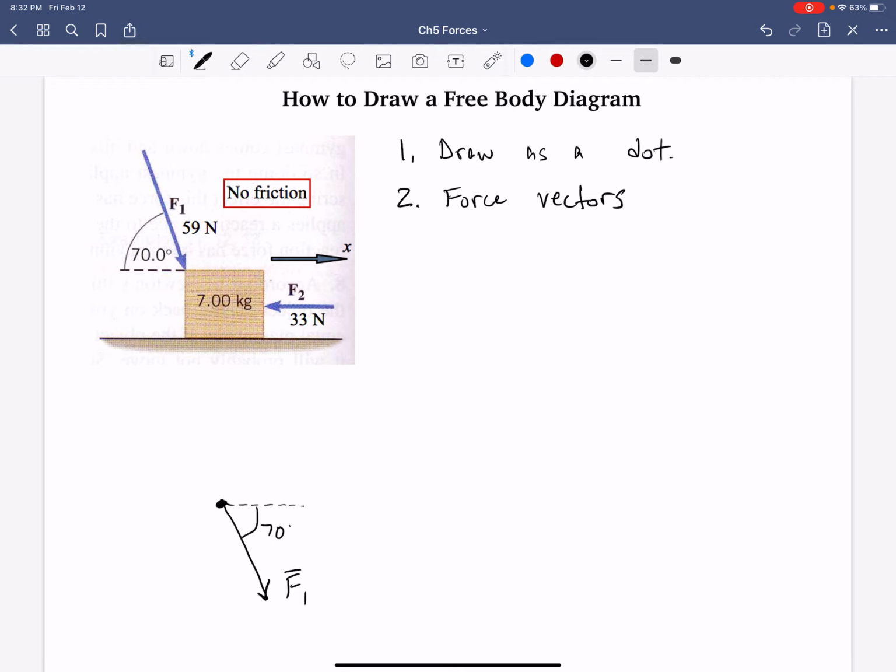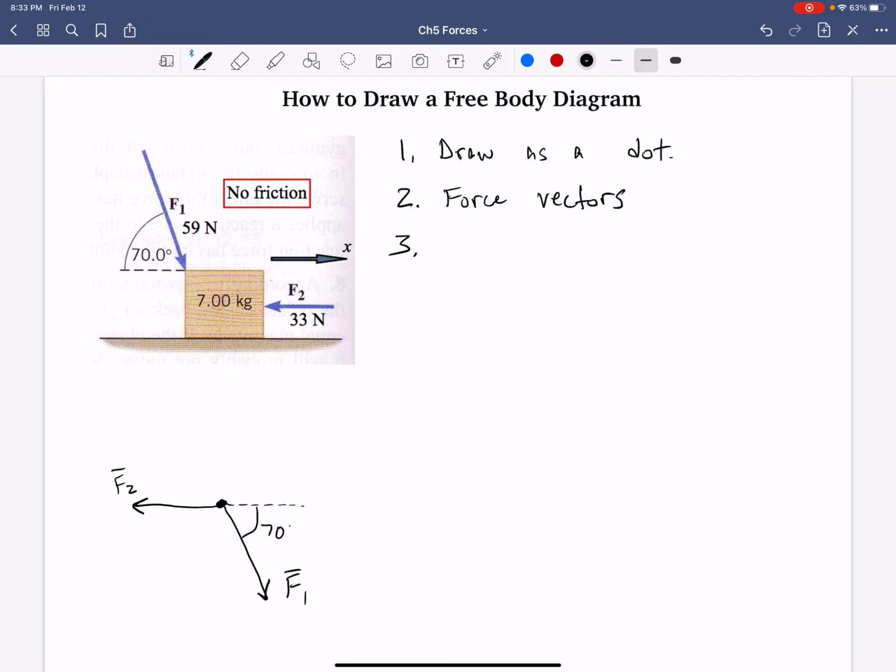It starts at our idealized object and goes outwards. F2 starts at it and goes now directly left. Right there. You don't have to put the magnitudes, the values, in your free body diagram. In fact, you don't even have to put the angle values. I did in this case because it'll help us later on to find components, okay?